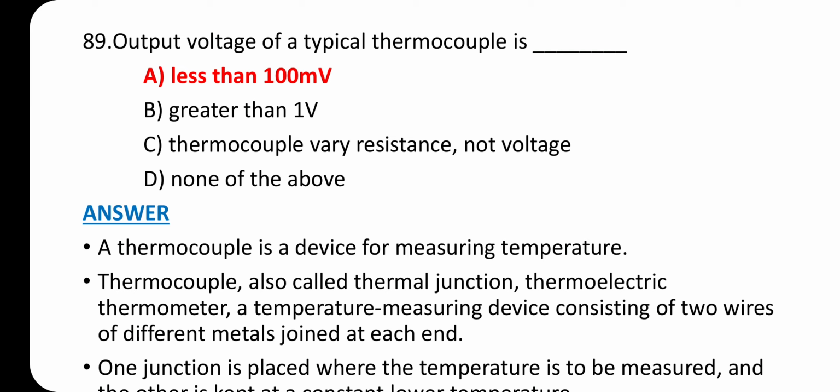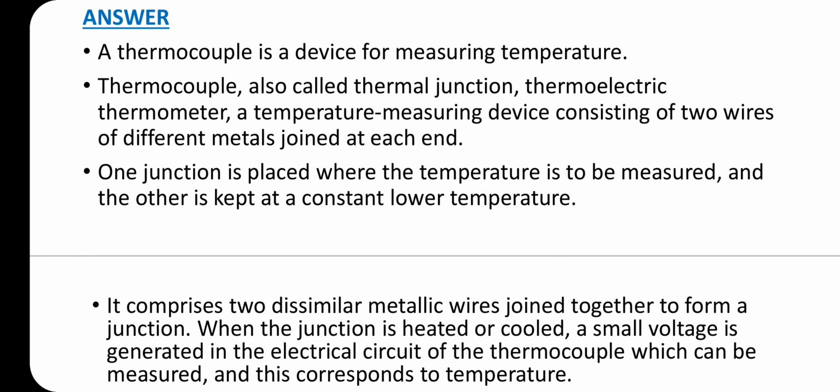89. Output voltage of a typical thermocouple is, answer is option A, less than 100 millivolt. A thermocouple is a device for measuring temperature. Thermocouple, also called a thermal junction or thermoelectric thermometer, is a temperature measuring device that consists of two wires of different metals joined at each end.